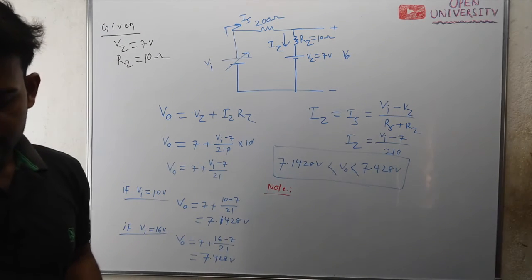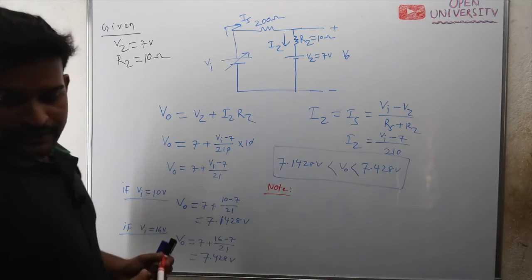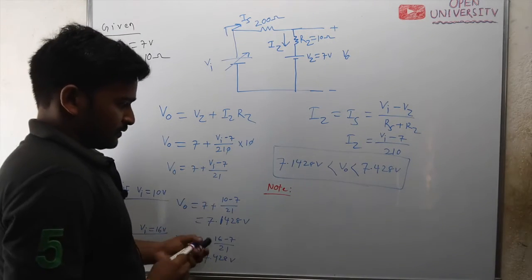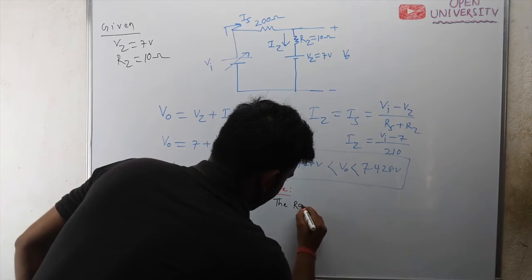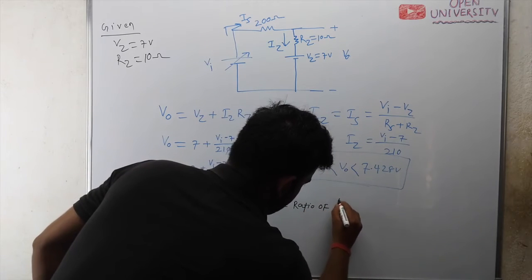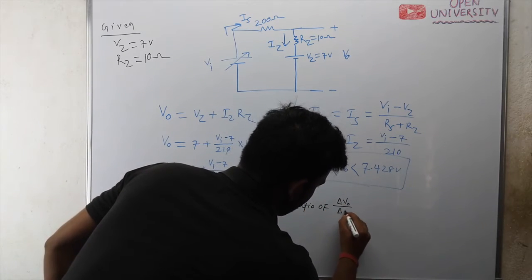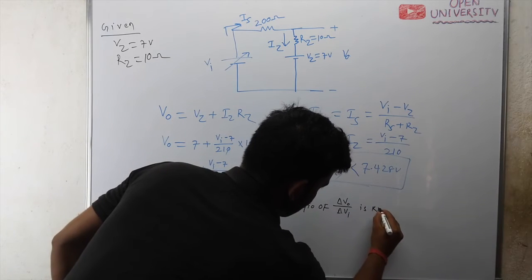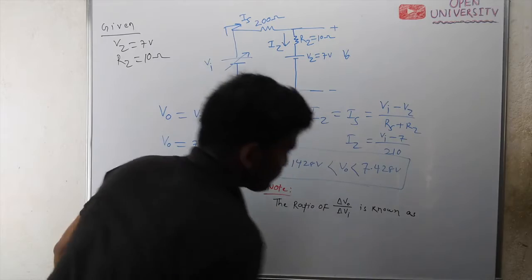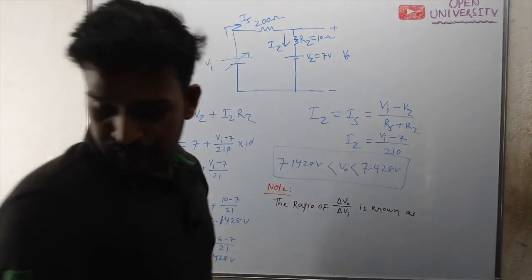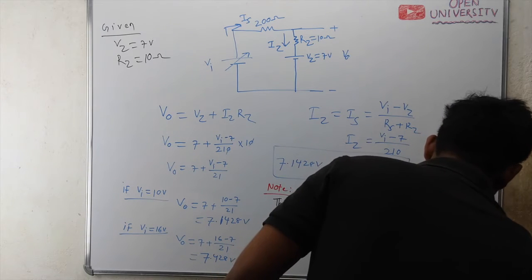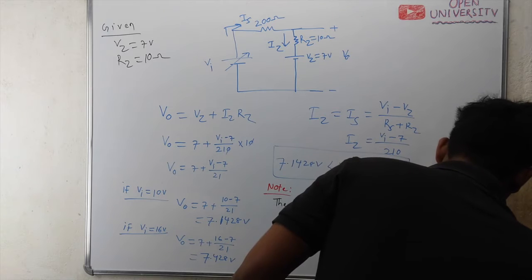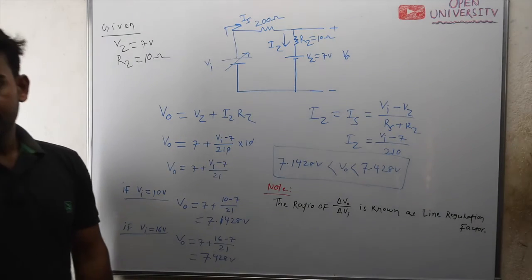Write down the ratio of change in output voltage, delta V naught, by change in input voltage, is known as the line regulation factor.